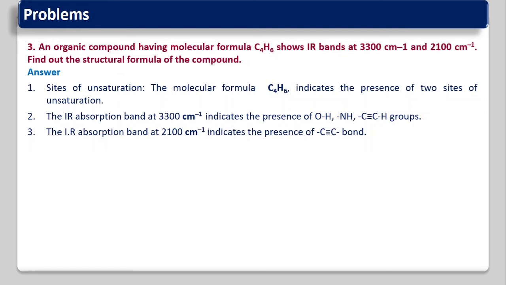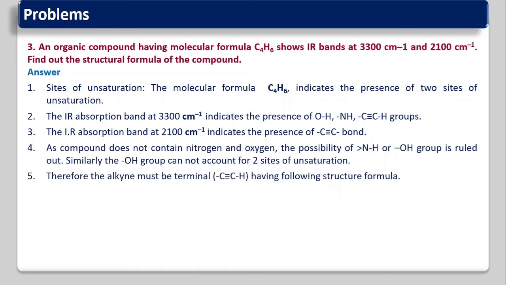Why? Because the terminal CH absorbs at 3300 cm⁻¹, and the carbon-carbon triple bond absorbs at 2100 cm⁻¹. So by these three points we conclude our structure.